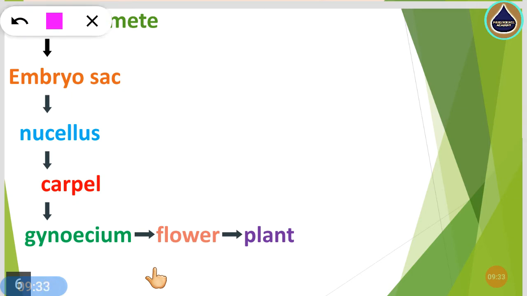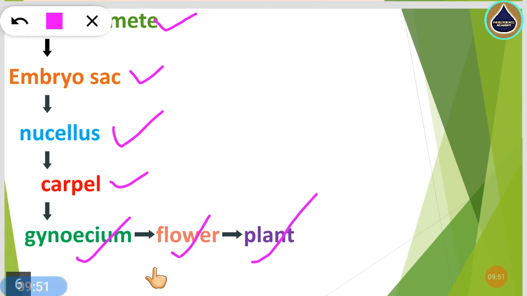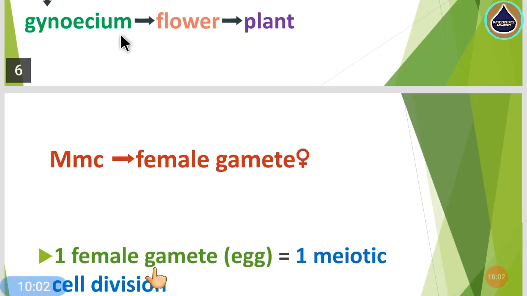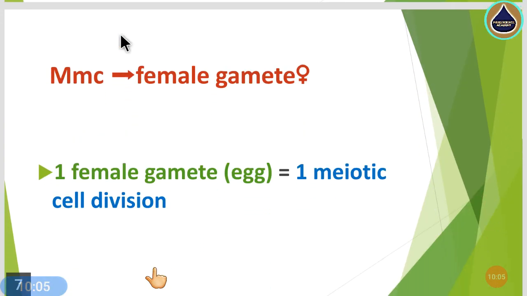So likewise, the female gamete, the egg, is found in the embryo sac, which is the part found in the nucellus, which is the part of the carpel, and it is the single unit of the gynoecium, which is the female part of the flower, and flower is the part of the plant. So likewise, the other requirement other than the male gamete is a female gamete, and I have tried to explain about this female gamete in this lecture.